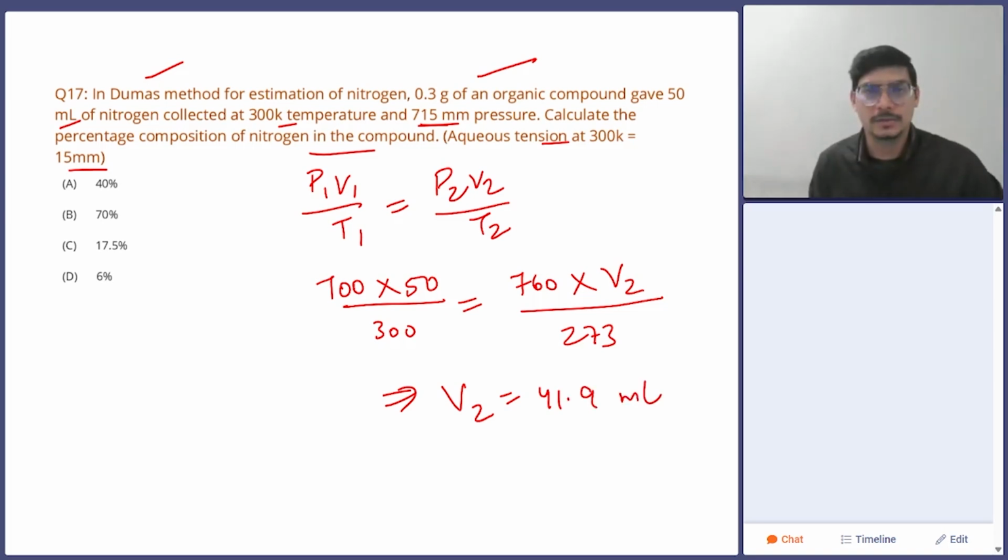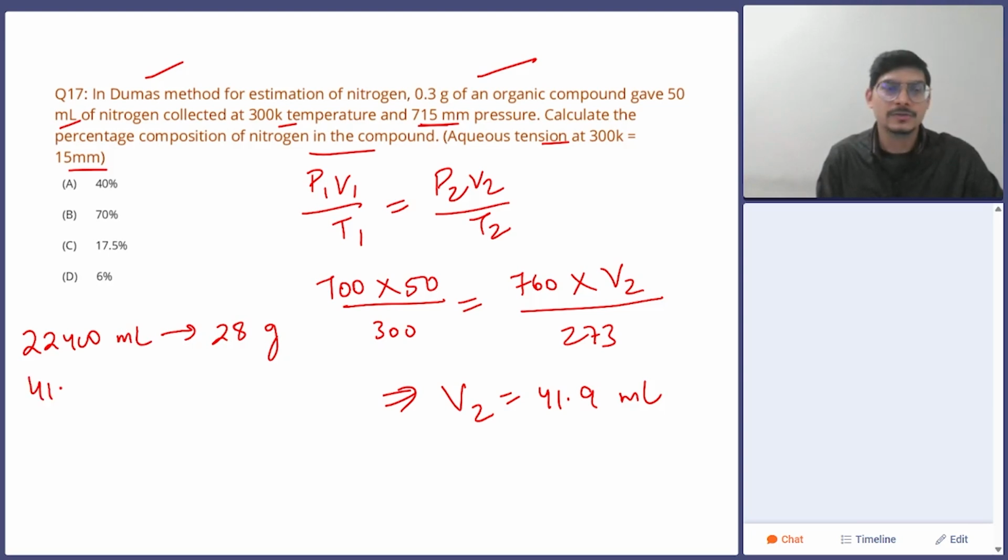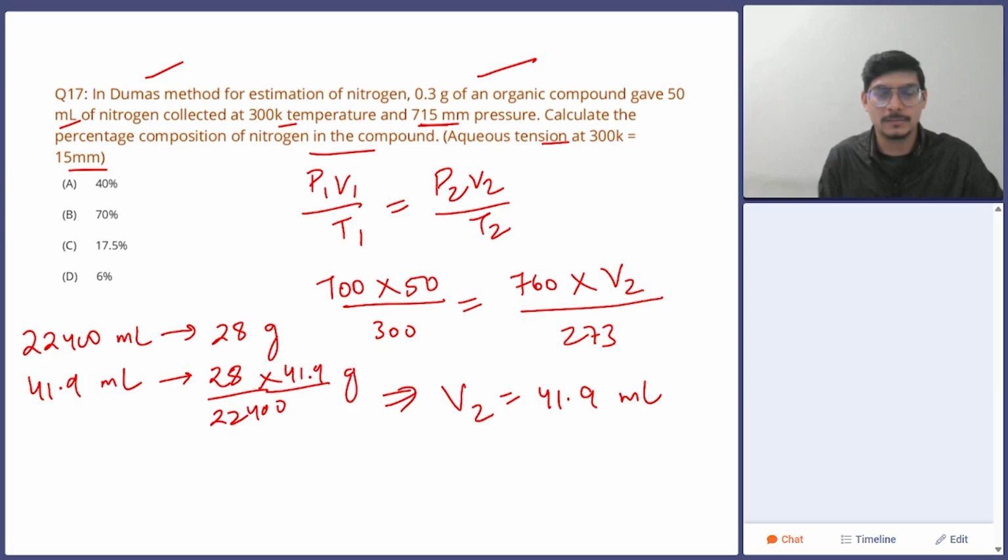And now you apply a unitary method. We know that at STP, 22,400 ml of nitrogen translates to 28 gram of mass. So if we have 41.9 ml of nitrogen, which you can as well take to be 42 ml, this is 28 divided by 22400 multiplied by 41.9 gram of nitrogen. And then it's a little bit of nasty calculation. They have asked what is the percentage of nitrogen.